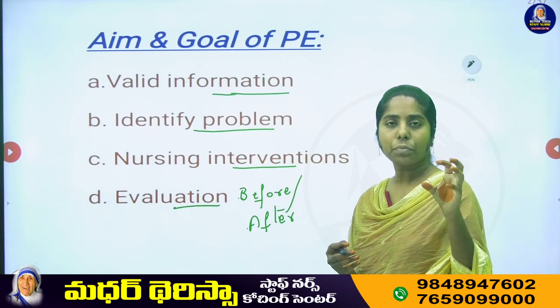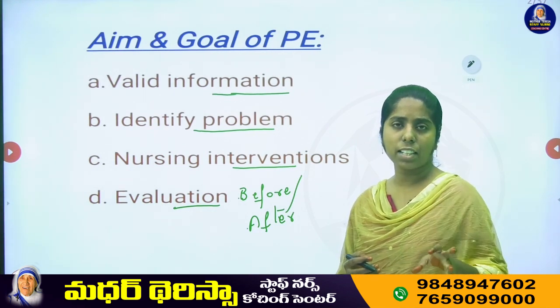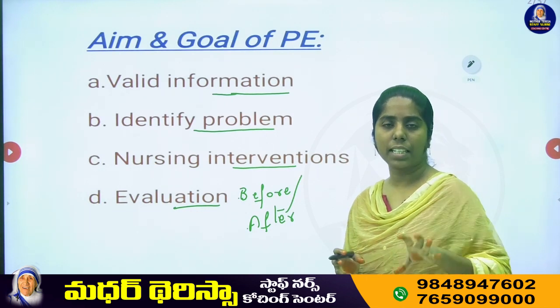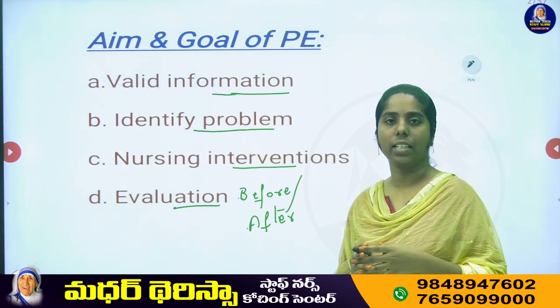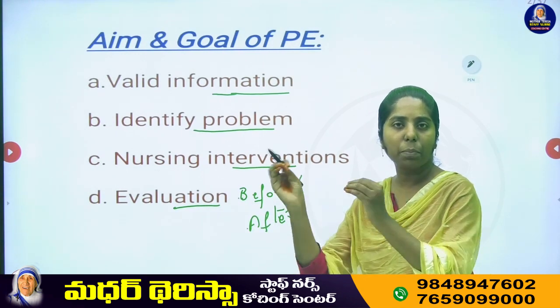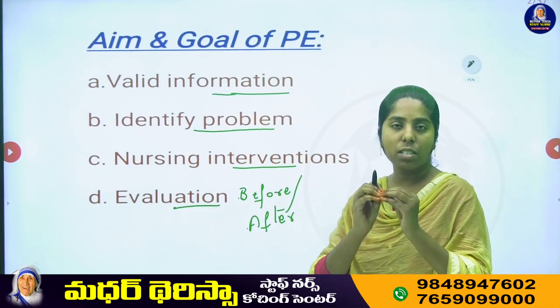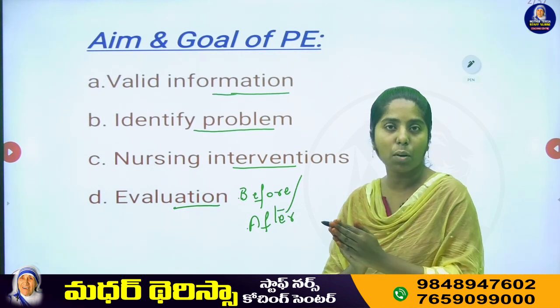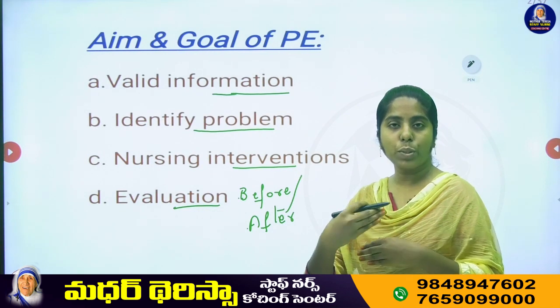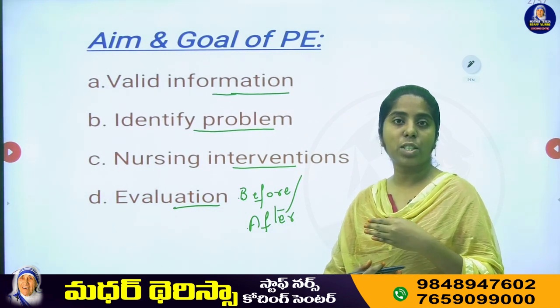So within the assessment part, you will notice particular signs and symptoms, particular clinical manifestations for a client. But in the evaluation part, if you find the same manifestations there, has your nursing intervention worked out? No. That means you need to improve and upgrade your interventions, right?